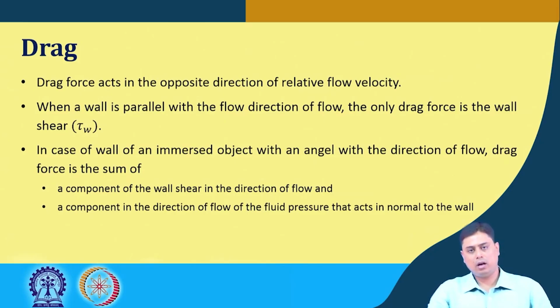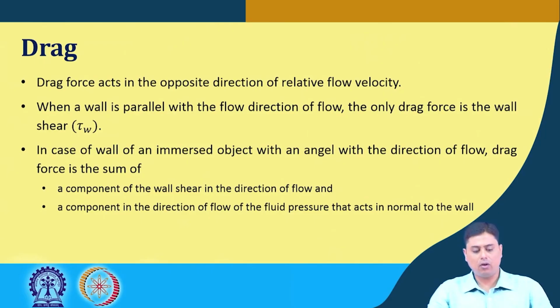If you remember your concept of the hydrodynamic boundary layer, or the thermal boundary layer, the typical example that has been provided is that there is a flat plate, and on top of that a free stream fluid is flowing over it. So in that case the drag force is only the wall shear.